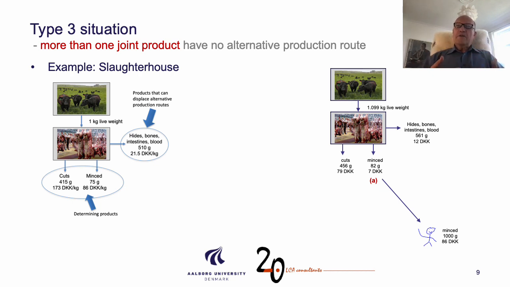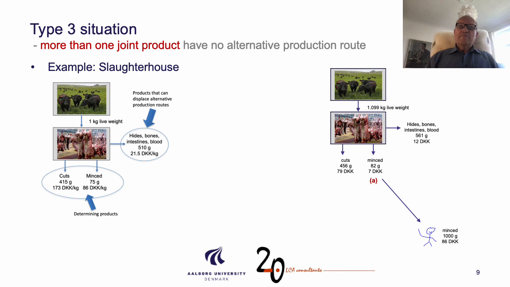What it cares about is how much money the consumer is willing to pay for this. And since the consumer only pays 86 Danish kroners, the reaction of the slaughterhouse is to produce total outputs of the determining products at a value of 86 Danish kroners.